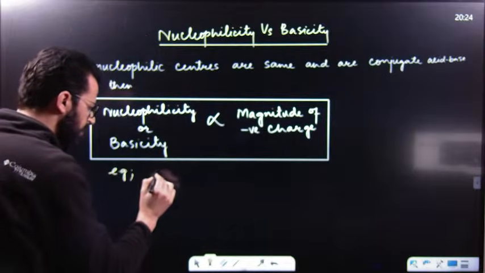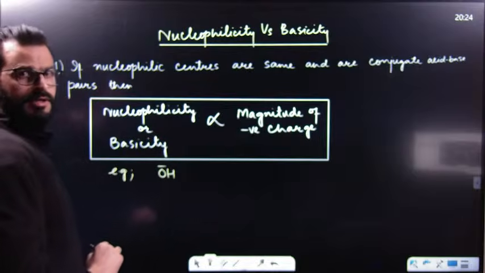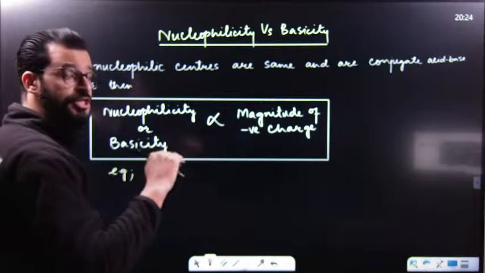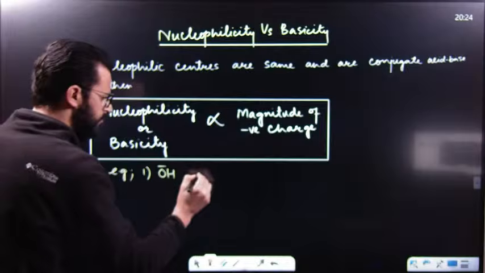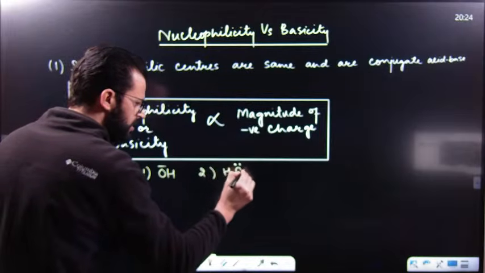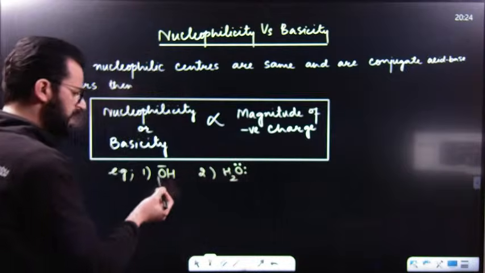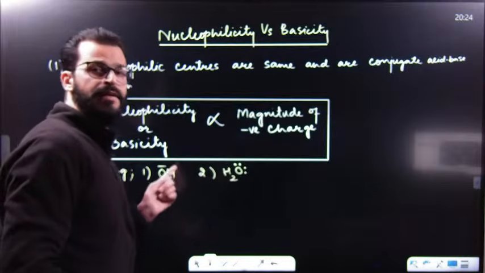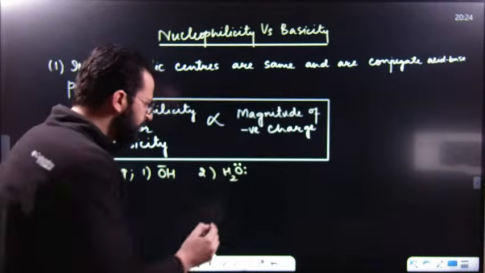If you are having a nucleophile in which the nucleophilic center, that means that atom which can donate electrons, is oxygen, and the second one is H2O. In this case the nucleophilic center is oxygen, and in this case it's also oxygen. So can I say nucleophilic centers are same? But what is the difference between these two?